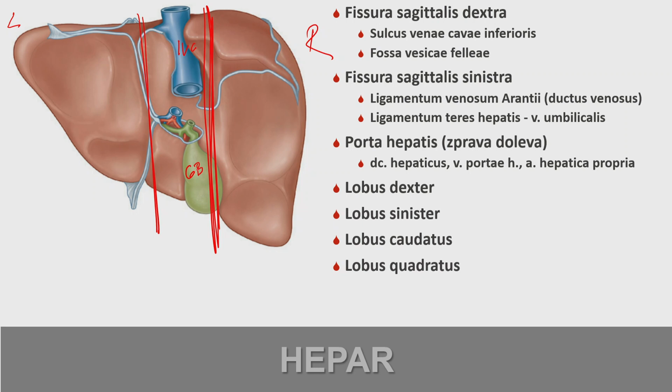The second is a fissure which is called left, and here there are two remnants of the embryonal development. Those are ligamentum venosum, so venous ligament.